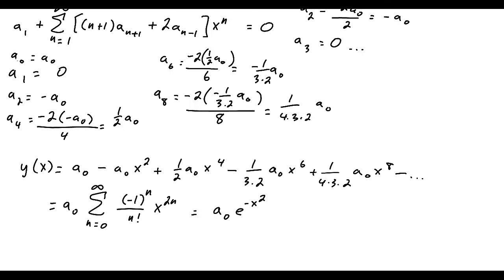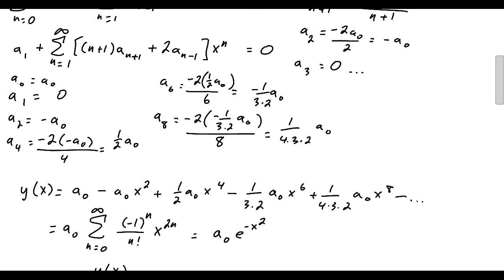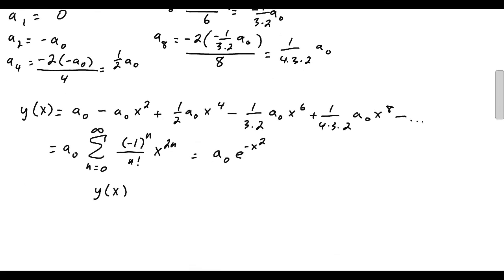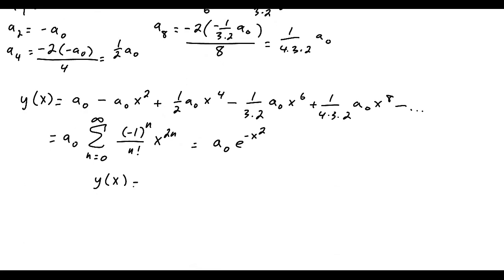So that, finally, our power series solution, is y of x equals a sub 0 times e to the negative x squared. Or if you would rather, the power series that we had just a moment ago.